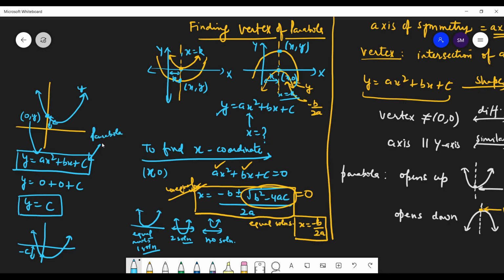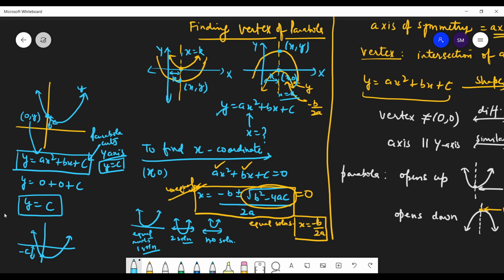Okay, sir. So the parabola cuts the y-axis at y equals to c at this point. Is this clear? Yes, sir. Okay.